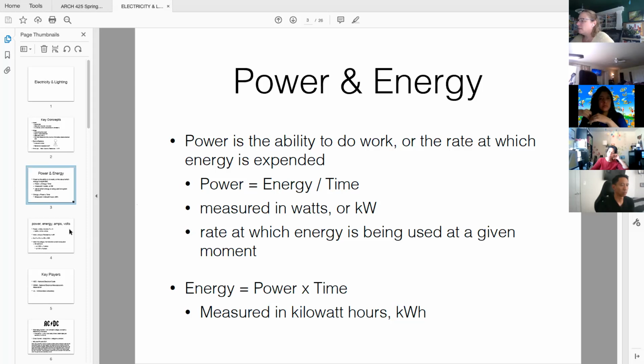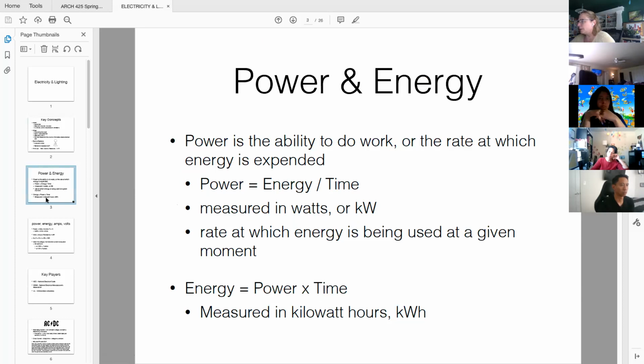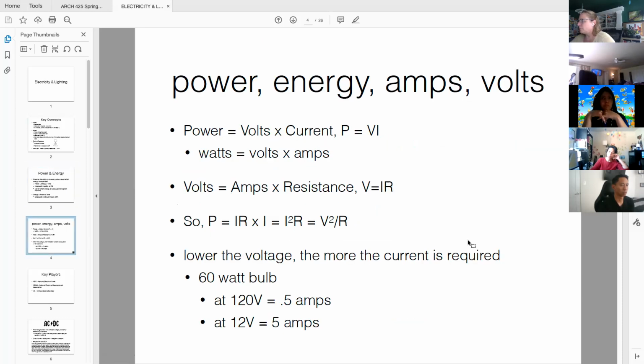Okay. So we talked about current, voltage, resistance, and then we were talking about power. So let's see how these all come together. Our power is our watts.